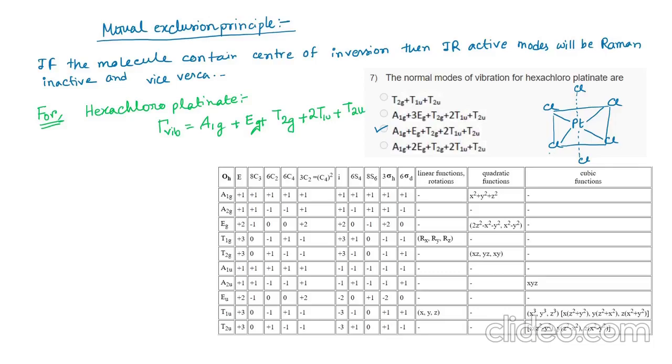I am not going into which vibration belongs to which kind of motion, because there are 7 atoms, so there could be multiple. As you can see, how many normal modes of vibration are there: A1g is 1, then Eg is 2, T2g 3, 2T1u 6, T2u 3, so 1 plus 2 plus 3 plus 6 plus 3, total 15 normal modes of vibration.